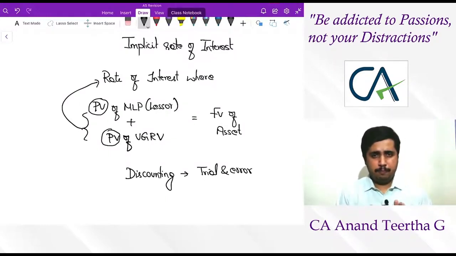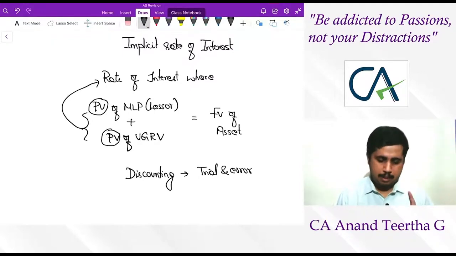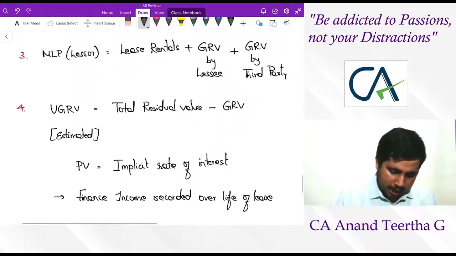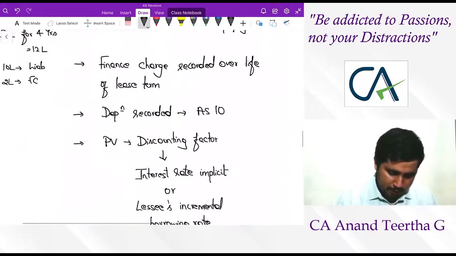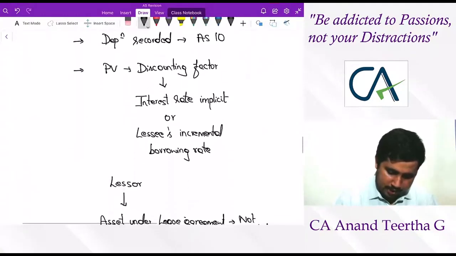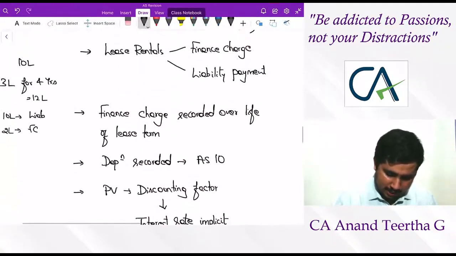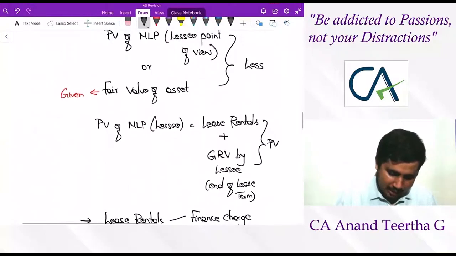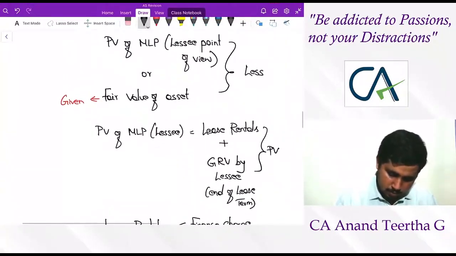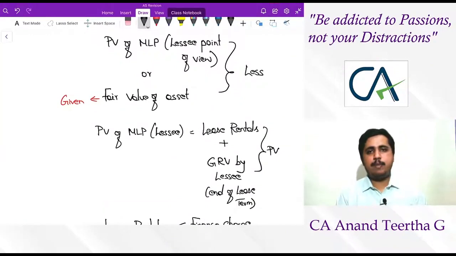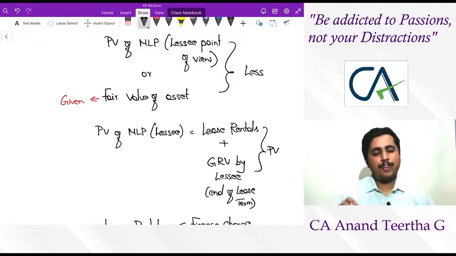Okay. Now, a few things I just want to tell you so that you can understand them. Number one, I have shown you the lessee point of view, correct? And in the lessee point of view, what did we say? Amount wise, it will be considered according to the present value of minimum lease payment, lessee point of view, or the fair value of the asset, whichever is less. Now for that present value of MLP, what did we say?